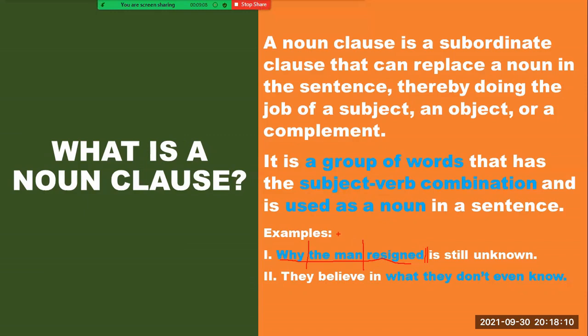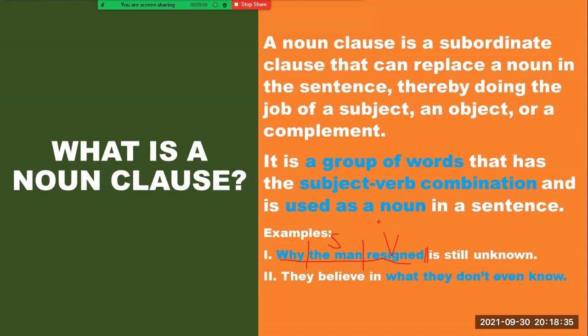The man is the subject here. Resigned is the verb. So these are two mandatory elements in a noun clause. You have to have the subject and you have to have the verb. These are two important parts of a noun clause.